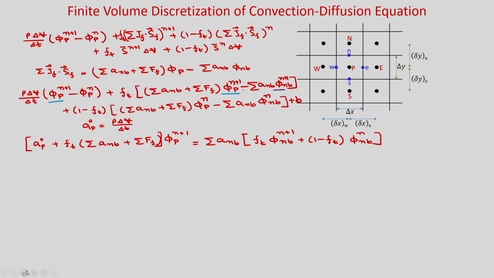And what is left? Phi p at time level n. So, this is your phi p at time level n and this is your phi p at time level n. So, that you take in the right hand side, sorry, here it will be equal to b. Please correct it.